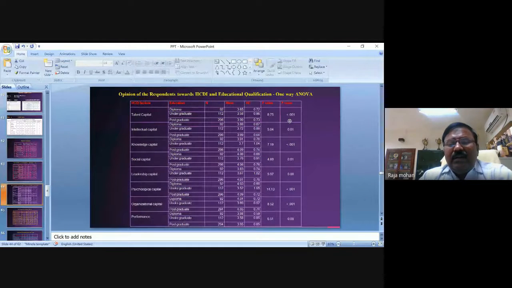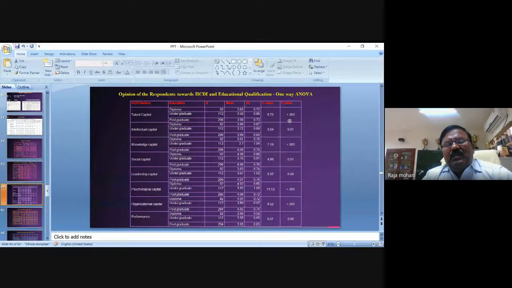And the next one, you can remember that for educational qualification, it is the one-way ANOVA test. You can remember the ANOVA test; we can use it like that, and we do not require any special conditions.